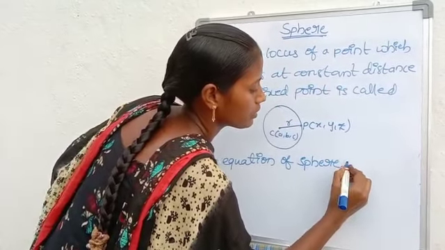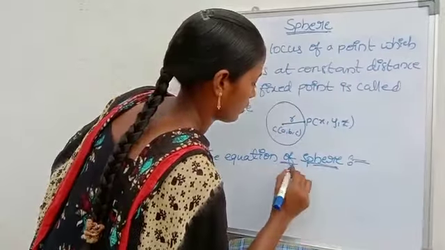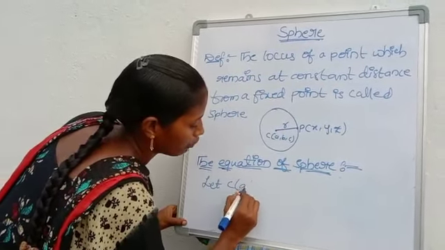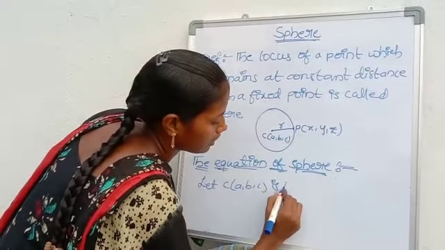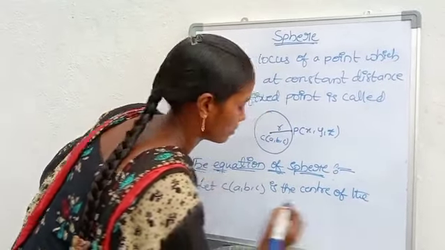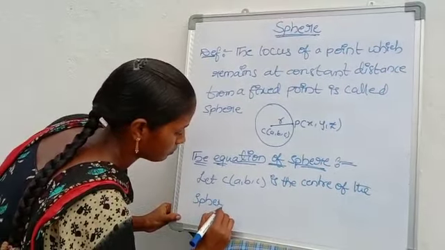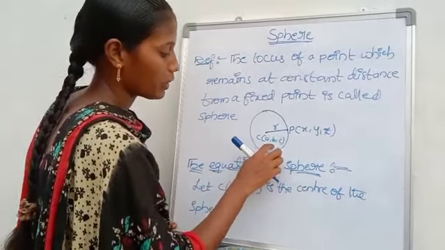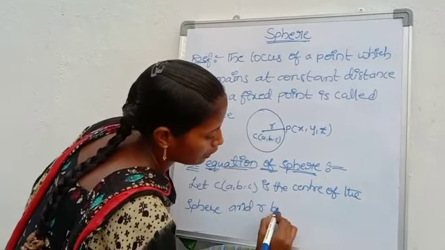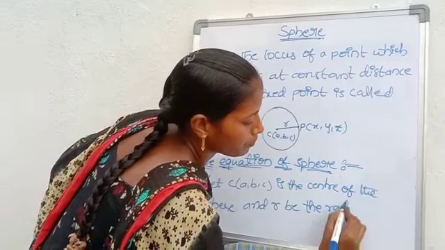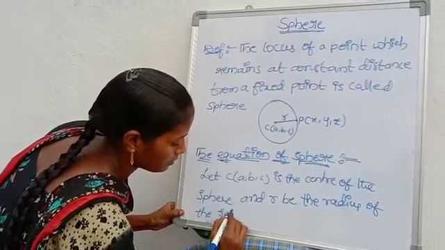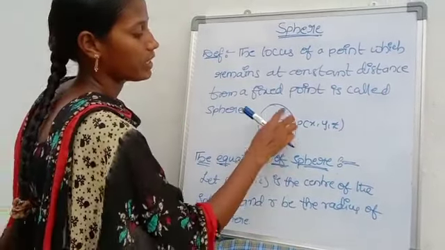Equation of the sphere. Let C of a comma b comma c be the center of the sphere and r be the radius of the sphere.